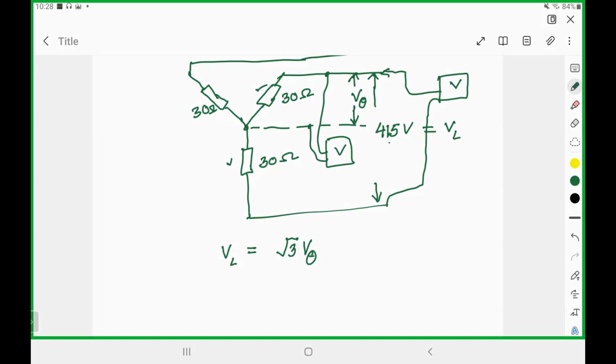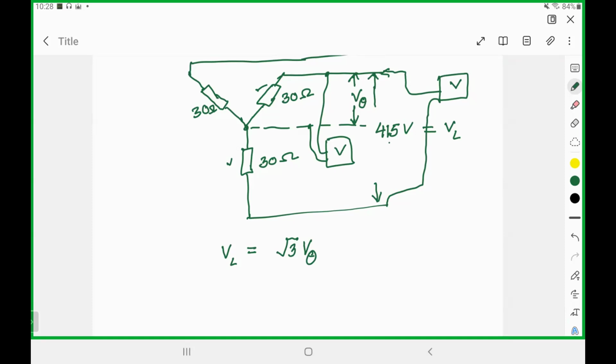Any line quantity and the phase quantity is related by a square root of 3. So you need to identify which one is larger. The line voltage, line current will always be larger. So line voltage will be equal to square root of 3 times phase voltage.